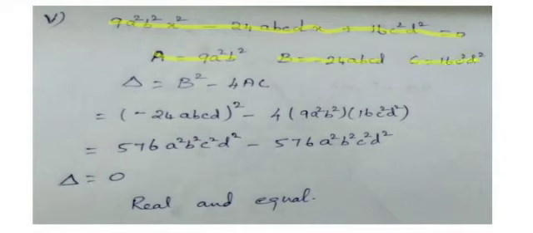In the previous sums we took small a, small b and small c. Here, in the question itself, they have given small a, small b, small c.